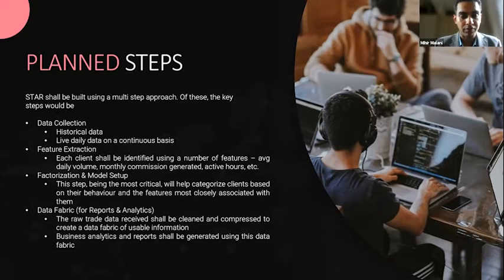Then the most important step of factorization and categorization, wherein every single client would be categorized across different buckets. I'll come to more of this in detail in the next few slides. And then finally, we'll create the entire data fabric, which basically can be used by the bank as well as by our system to keep fine-tuning the overall recommendation system and the algorithm that we'll be developing.